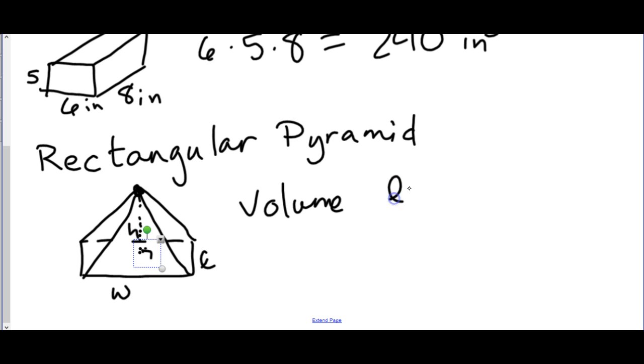It's still going to be length times width times height, but it's also going to have times 1/3. A rectangular pyramid is 1/3 its corresponding rectangular prism. Surface area they don't normally ask you about, and they don't ask it on this particular assignment, so I'm going to skip surface area of the rectangular pyramid.